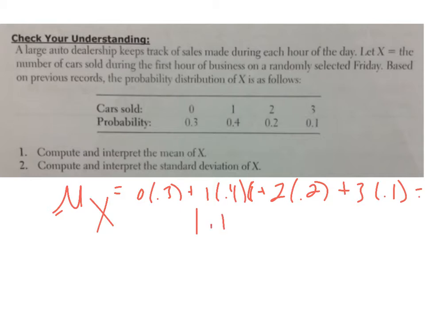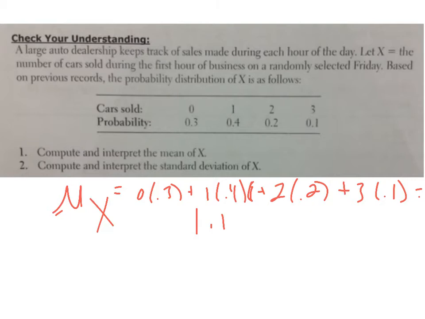What that means is that 1.1 is the average number of cars sold during the first hour of many, many Fridays. So that's my interpretation of the mean.